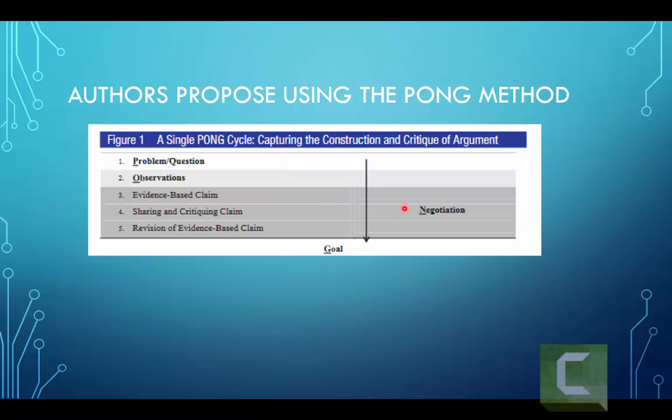This is where the negotiation part comes in. They're going to take those critiques and make adjustments and revise their evidence based claim as a result of that sharing. And hopefully that will get them to their end goal here.